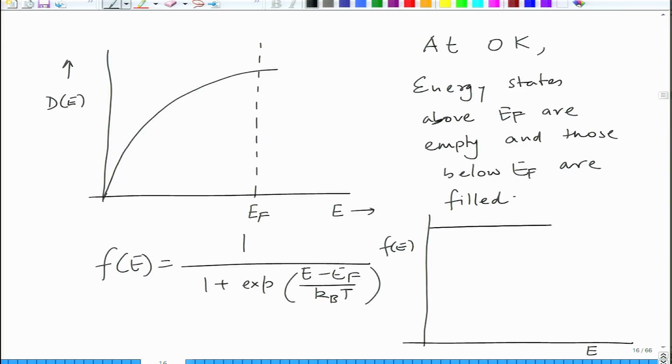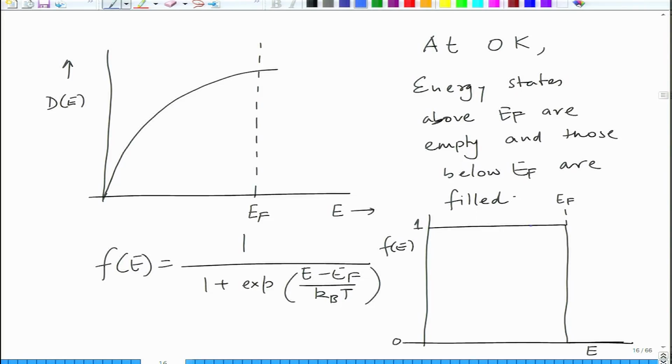the plot is something like this. This value is Ef. So, the probability of occupation is equal to 1 below Ef and 0 above Ef. Now, when you change the temperature, this curve changes its behavior in this fashion.